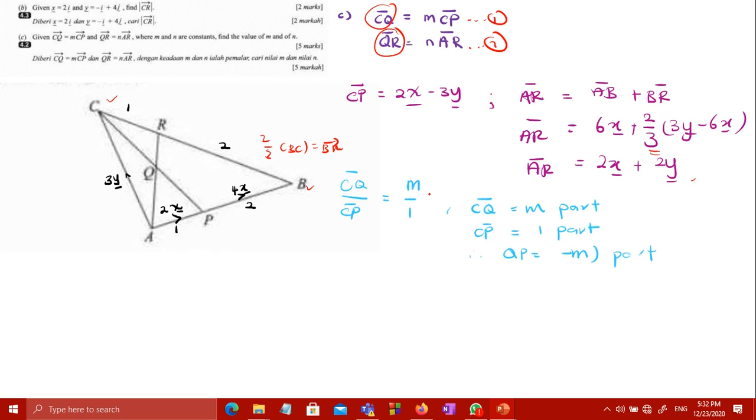So what about QR? QR is 1 minus m part, of course, because when you add QP with this CQ, you will get 1 part back, right? 1 minus m plus m cancels and 1 part. So this is the whole part, which is 1 part, right?